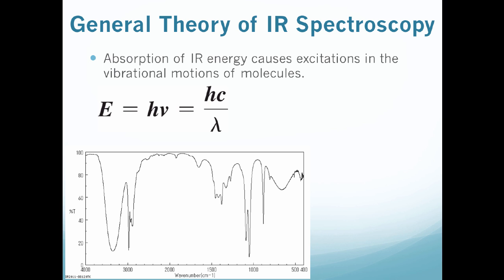If we compare this to an IR spectrum, down here at the left end is high energy, and by this equation we can say as energy increases, the wavelength decreases. And then on the right end of the spectrum, there's a low energy but a high wavelength.